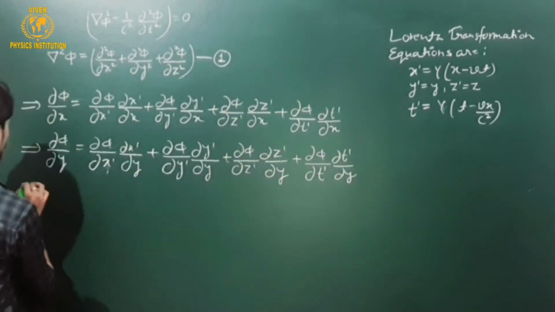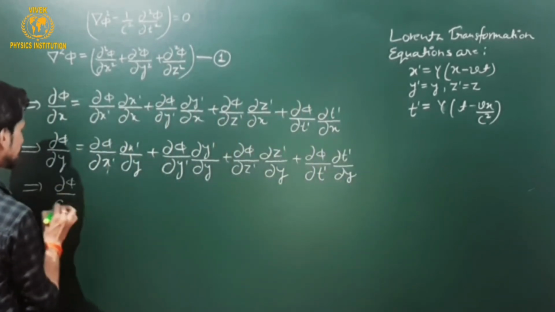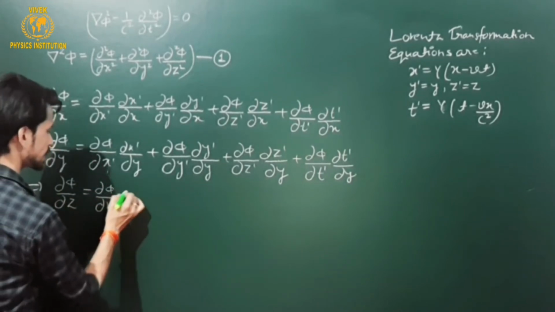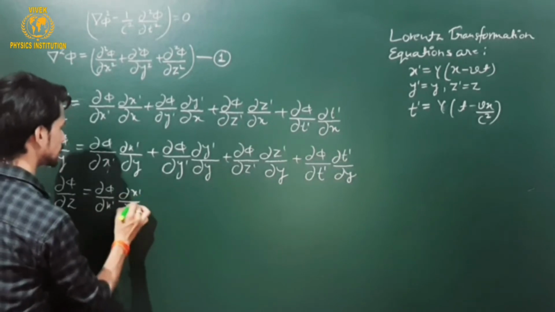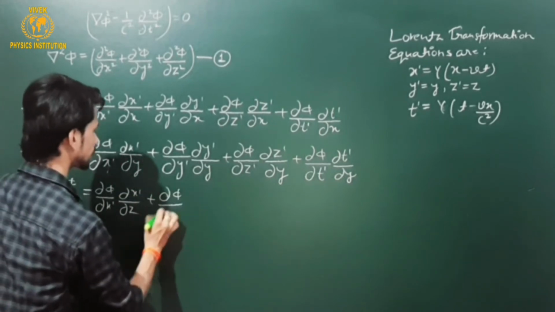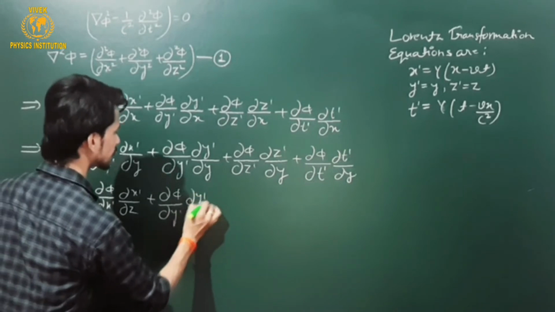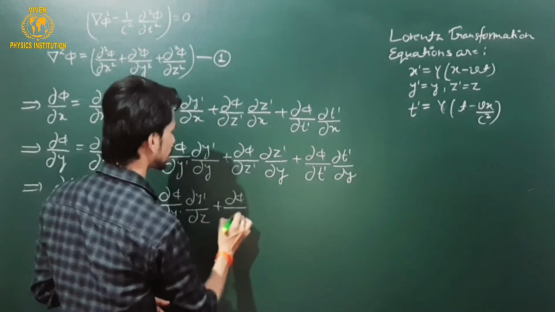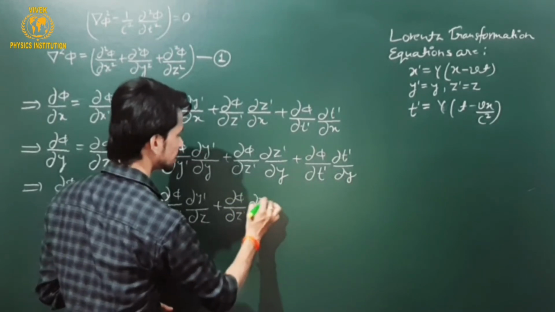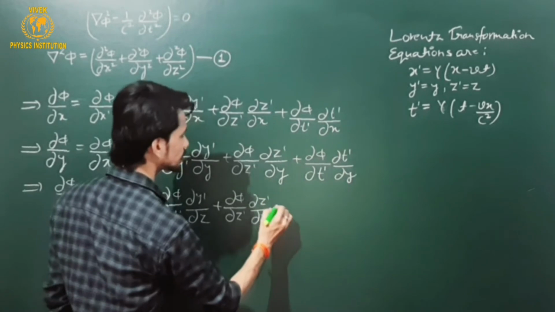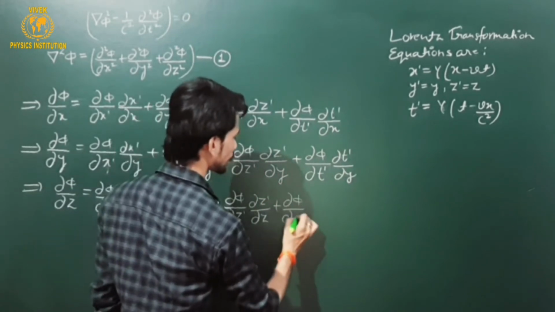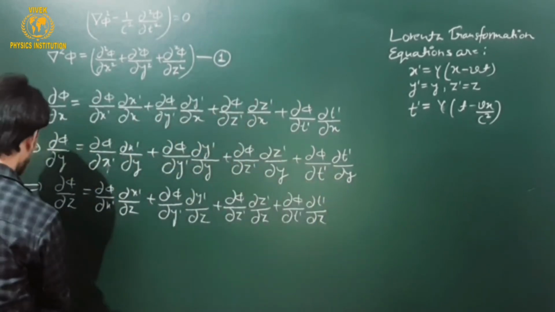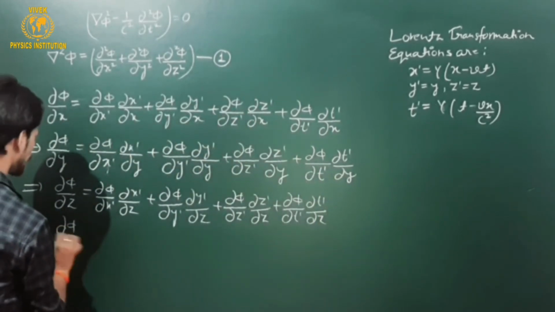Similarly for z, del phi over del z will be del phi over del x dash over del z, del phi over del y dash upon del z, plus del phi upon del z dash upon del z, plus del phi over del t dash upon del z. And similarly the last one is for del phi over del t.